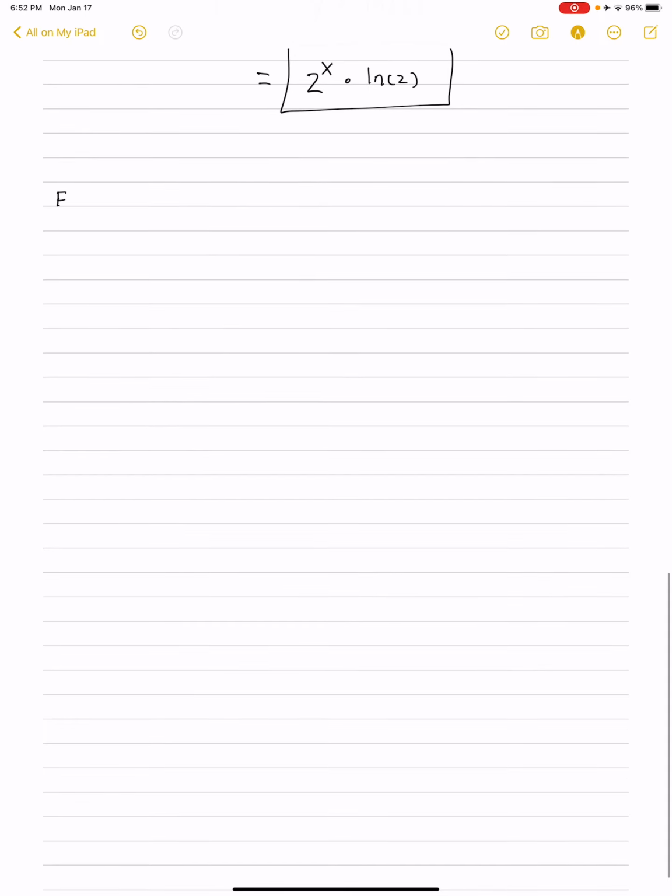Let's do another example. Suppose y is x to the power sine of x. We're going to take the same steps. So we're going to take ln of y as ln of x to the sine of x.